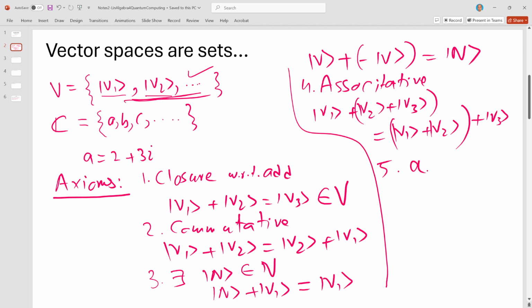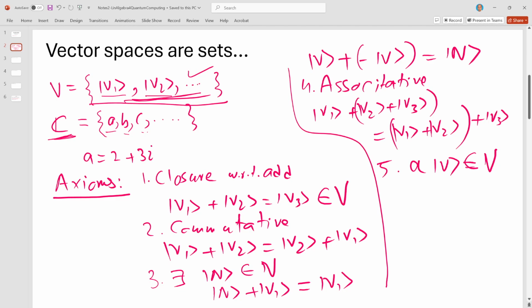So for example, if I have a scalar in this set of scalars and some vector in the set of vectors, this scalar product should also be part of this vector set. So our set should have all the vectors that would result from multiplying any vector with this set of scalars.